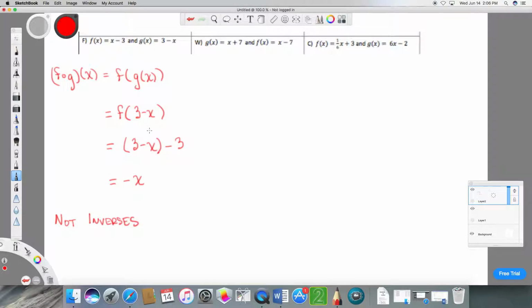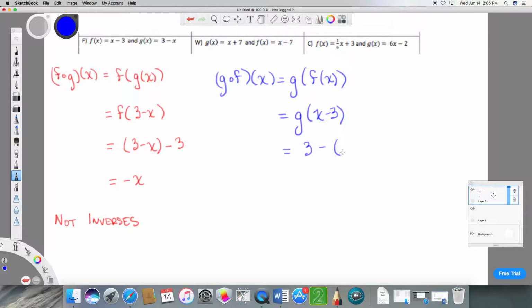Now let's go ahead and find g composed with f, in case one of you had done that first. g composed with f. f is the input of g, and f is x minus 3. g always takes 3 minus the input, and this time we have 6 minus x.